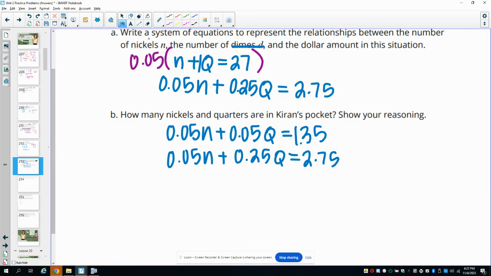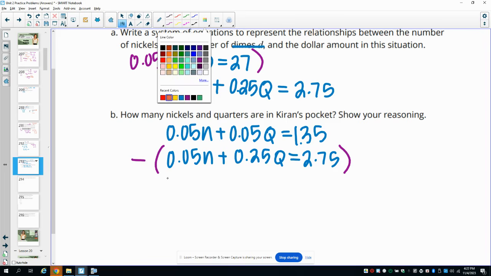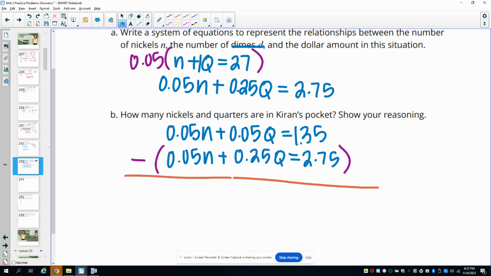So now that we have the n's being the same, we'll be able to subtract these equations. And when we subtract them, we get 0 for n, 0.05 minus 0.25 is negative 0.20. And then 1.35 minus 2.75 gives us negative 1.40.